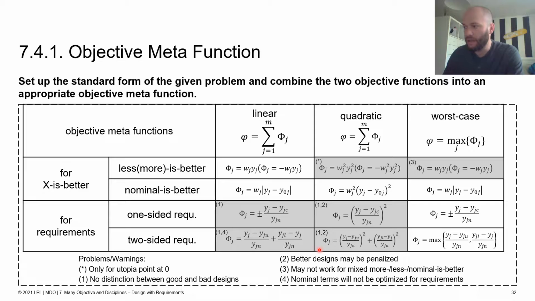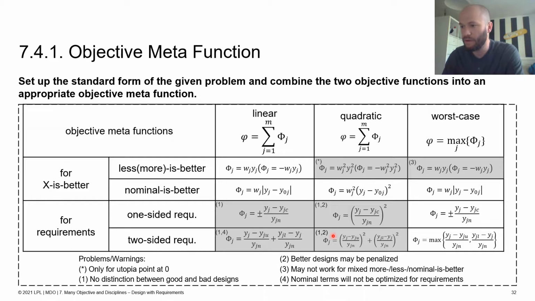And I mean, this is out of the lecture, so Professor Zimmermann also explained it to you. And also for quadratic meta-objective functions, it's kind of similar. So here we also have two problems. The first one is again the differentiation between good and bad designs, and the second one is that because of the quadratic nature, designs that differ from the given area might even be penalized.